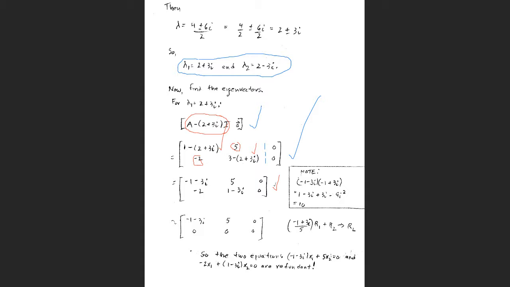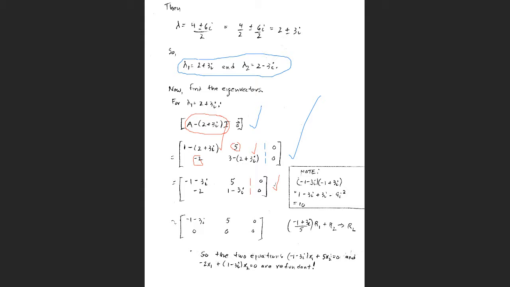And the thing is, just like when we work with real numbers, this augmented matrix has complex numbers in it. You're used to augmented matrices that have all real numbers in them. Now we're doing a matrix that has complex numbers in it.